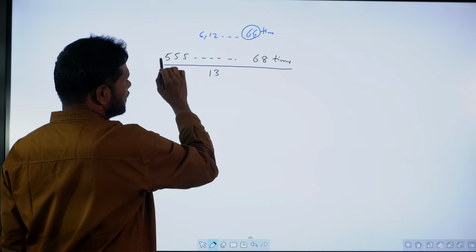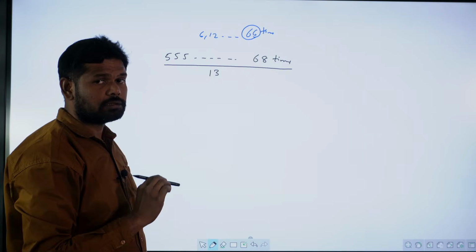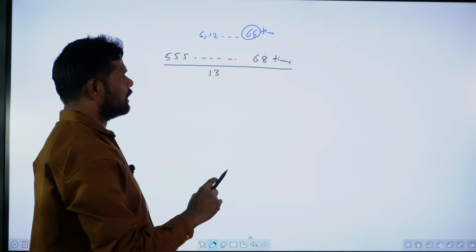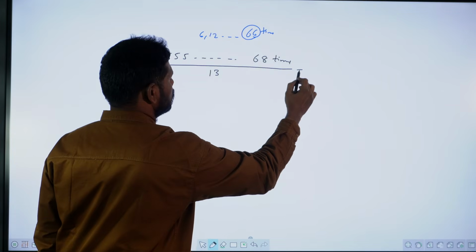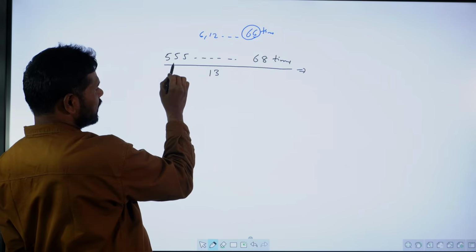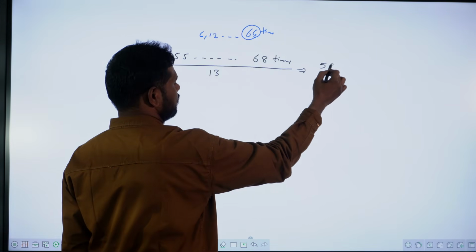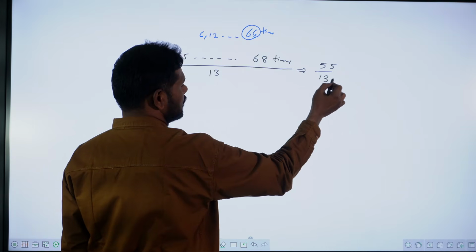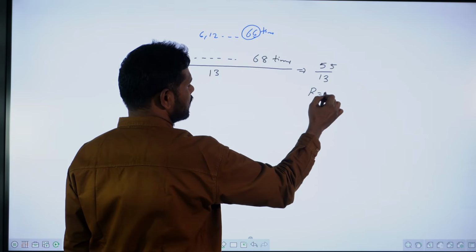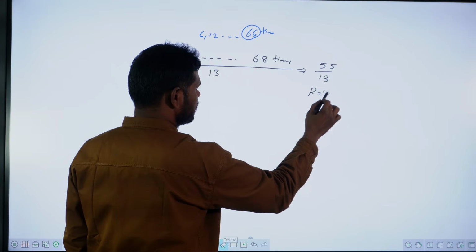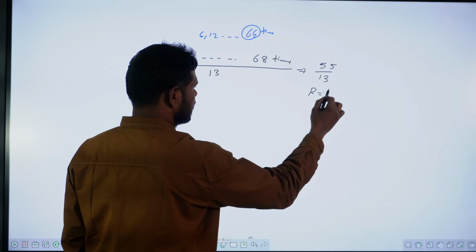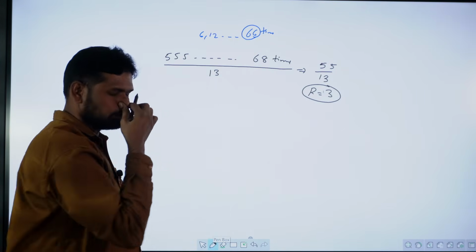If it is repeated 66 times, the remainder is 0. But 68 times means extra 2 times are there. That 2 times is the digit 5, so 55 by 13. 13 fours are 52, so the remainder is 3. That is the answer.